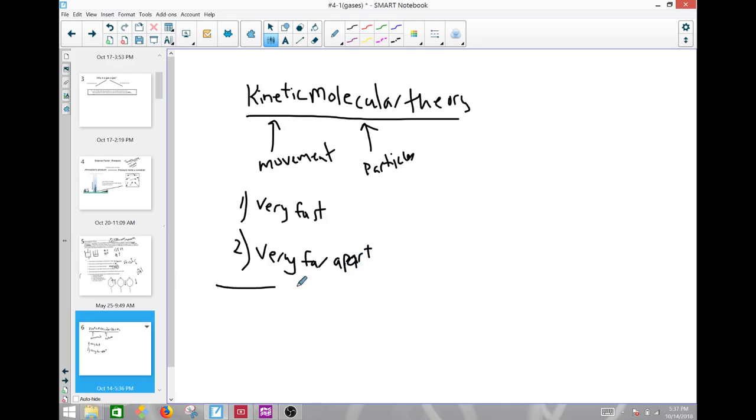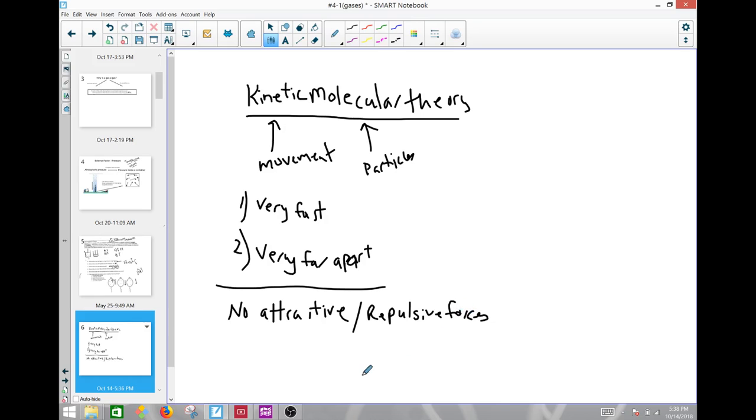These two are the premise for the overall theory that because gas particles are traveling very, very fast, and they're very far apart relative to their size, there is little or no attractive or repulsive forces.